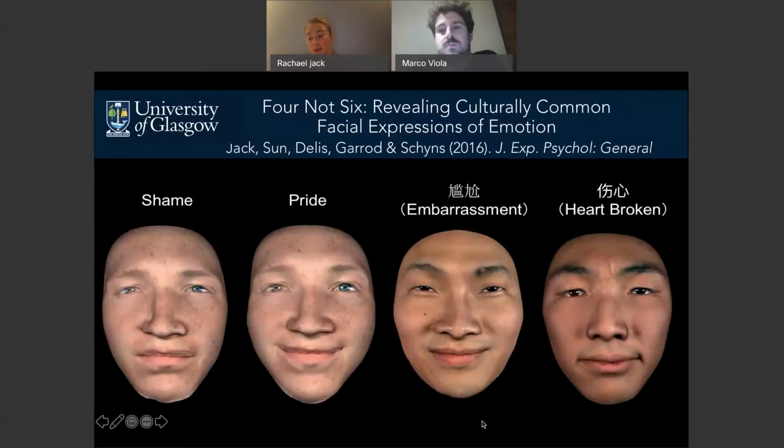All of the models that we generated using this approach are always validated with an external group of participants from the same culture, so we know that they're recognizable and they're valid. And so this method is very, very powerful for modeling very precise, nuanced social signals.